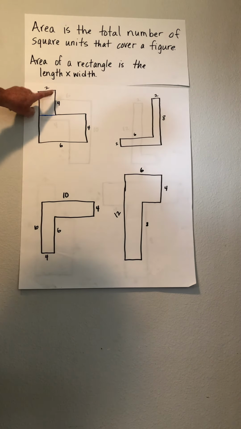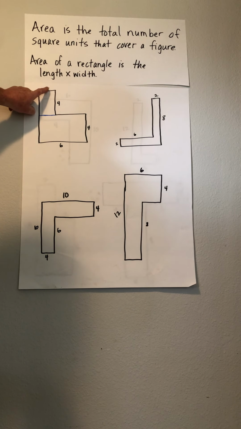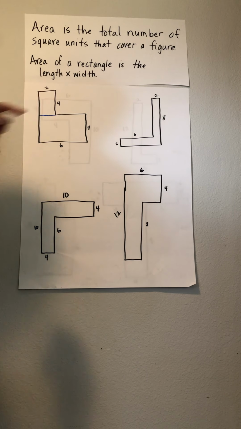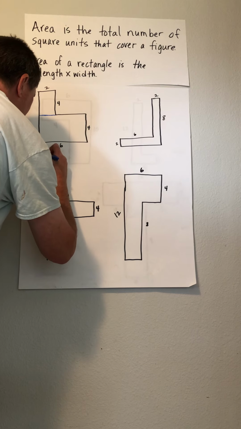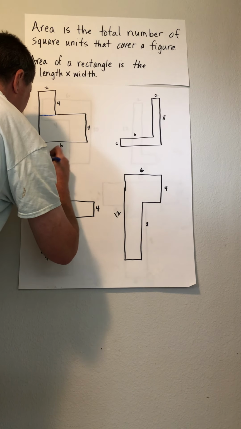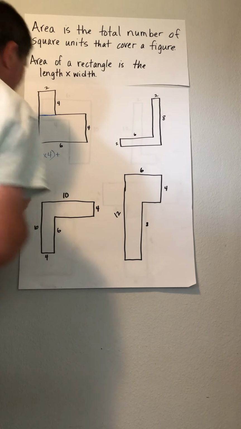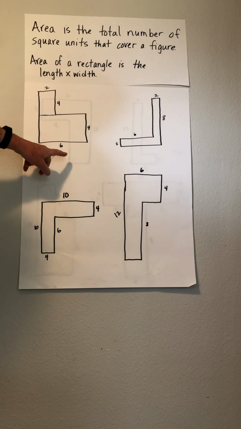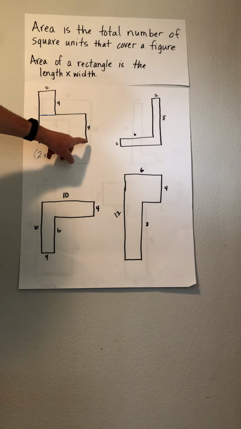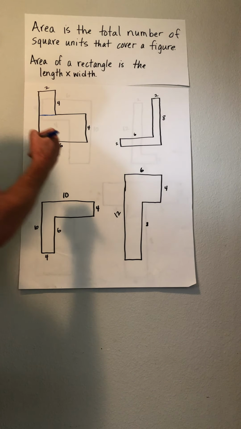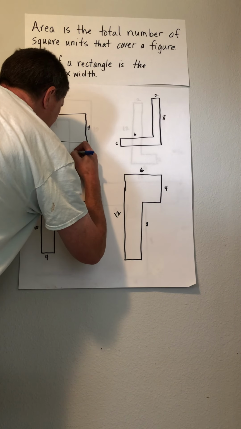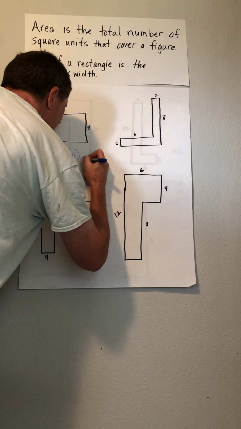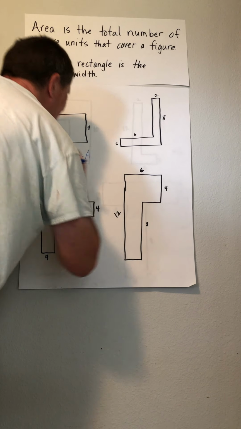For this rectangle, the area is 2 times 4, plus the area of this rectangle, which we figure out by multiplying 6 times 4. And that's going to equal the area.